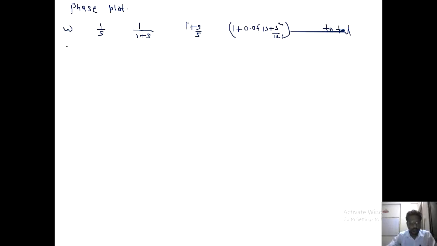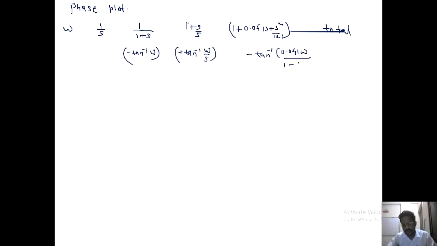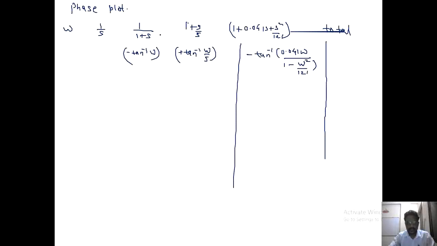Before we consider different values for omega, here the formula is minus tan inverse omega, here plus tan inverse omega by 5, here the formula is minus tan inverse 0.041 omega by 1 minus omega square by 121, and then the total. Okay, so this is our table.